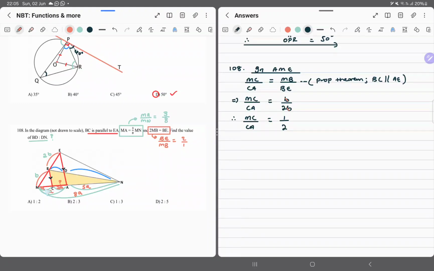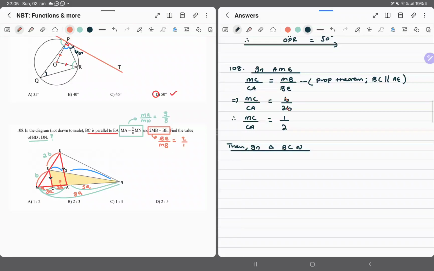So this is now tying nicely. I hope you guys can see. Now that is all we needed. We can then go on and say then in triangle BCN.